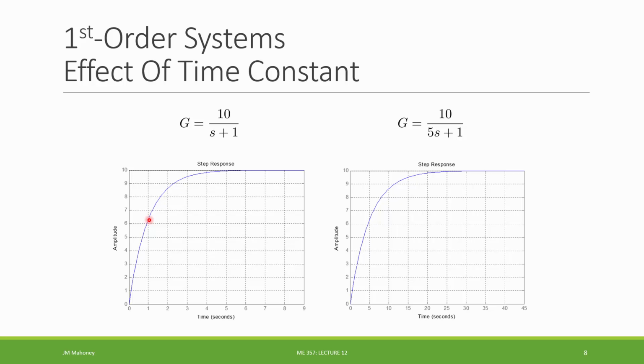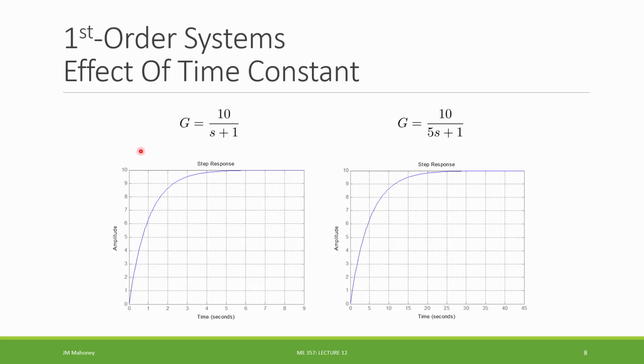The second system with that larger time constant is going to react slower to that step input. So at 5 seconds, it has a value of 6.3. So it reaches 6.3 later, at 5 seconds on the right-hand side versus 1 second on the left-hand side. So a slower response due to that change in time constant from 1 to 5.